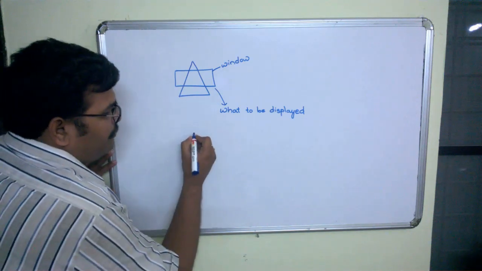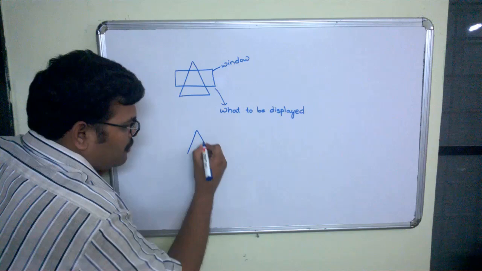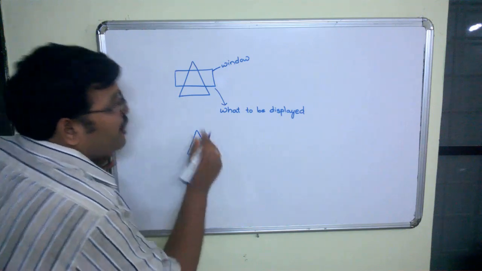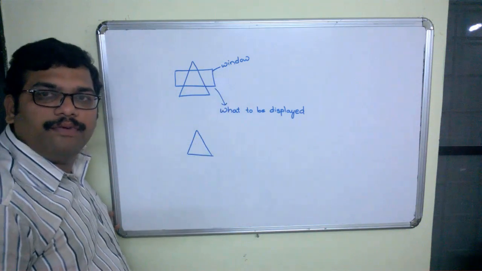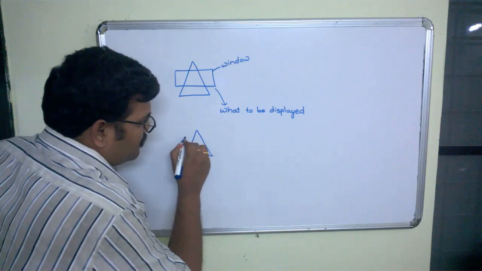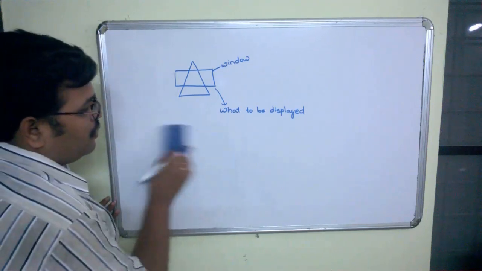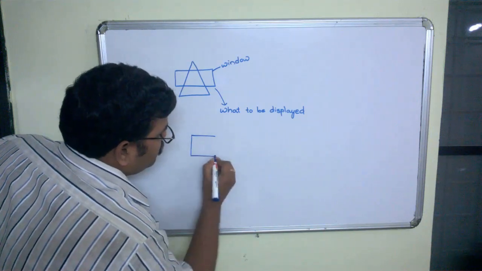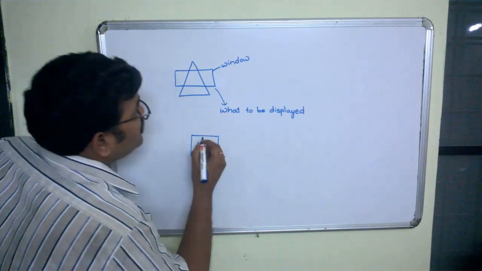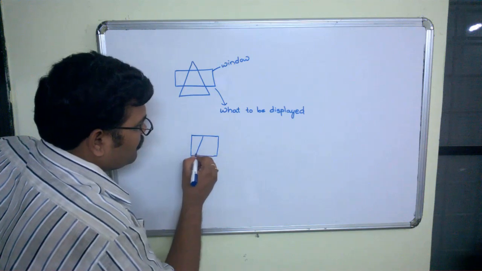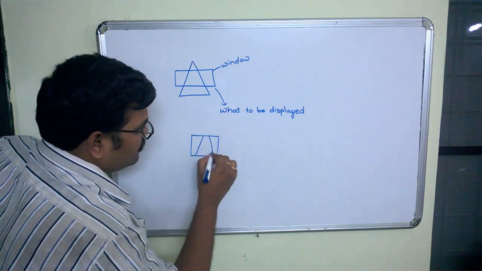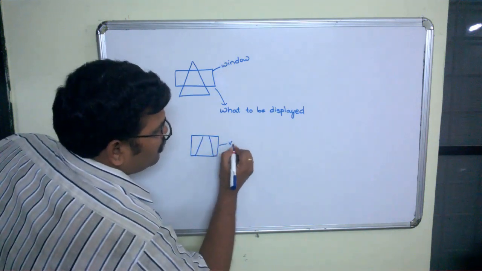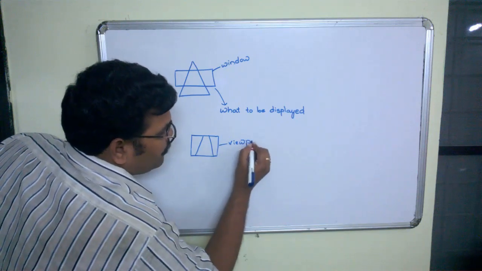And similarly, a viewport is nothing but the place where we are displaying the object of a window. So this is the viewport. We are just displaying this portion. So this is called the viewport.